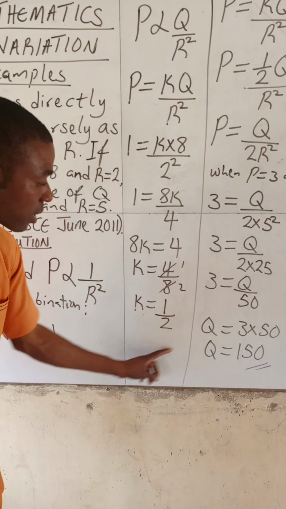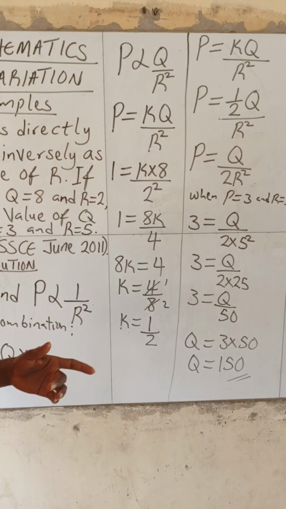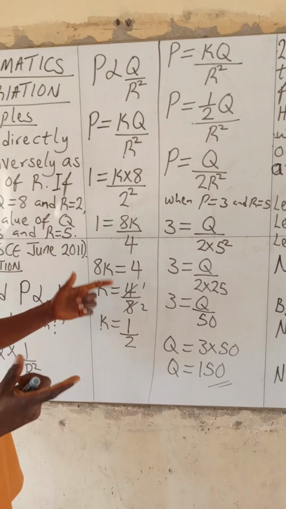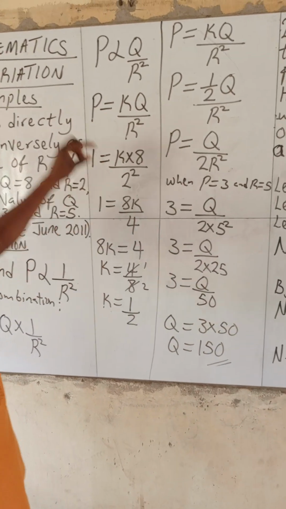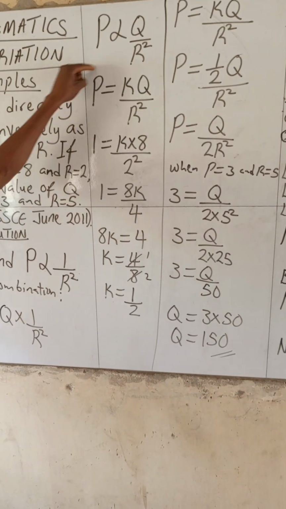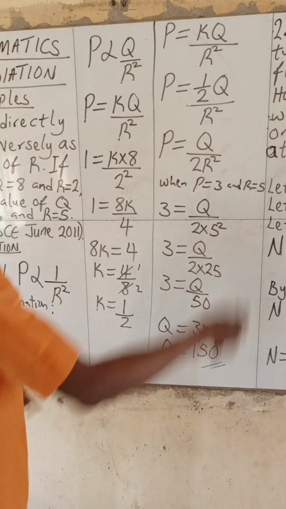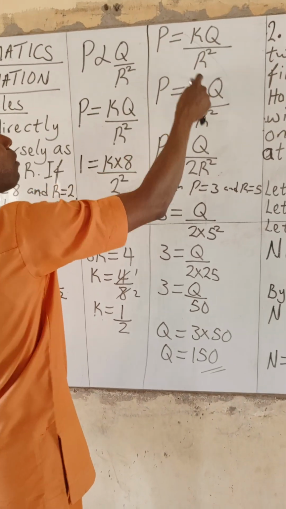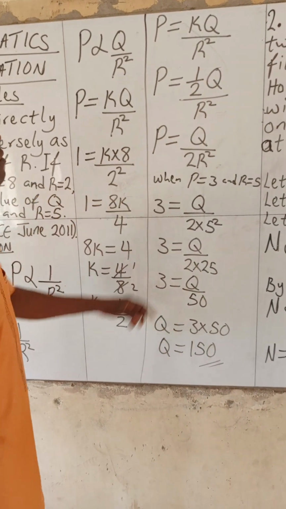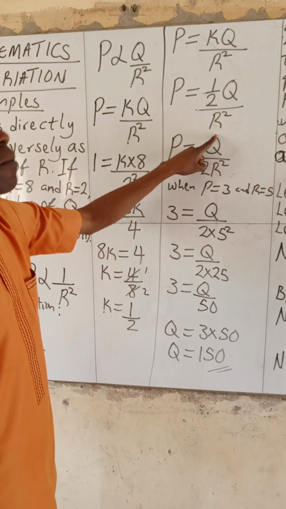This is the constant. So to find the relationship between P, Q, and R, remember we are the one that introduced a constant, so we have to find that constant. After getting that constant, we substitute it back into this relationship. So we are going to have P equals, instead of K, the value of K we have gotten, 1 over 2 Q over R squared.